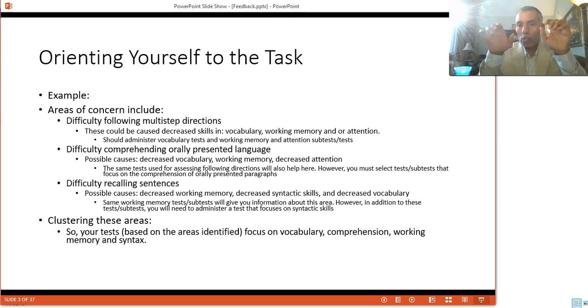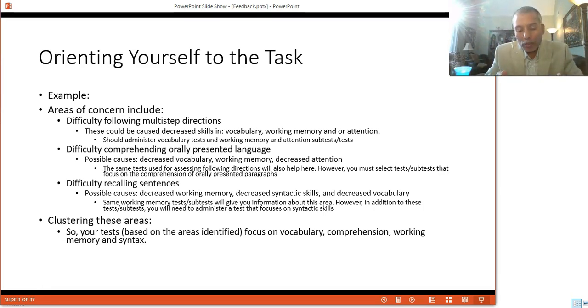Number one, it has short-term memory, recall of information, of digits, words, and so on. And number two, it has cognitive manipulation and cognitive concentration. So these two areas, a component of attention and short-term memory together, enable you to have working memory.